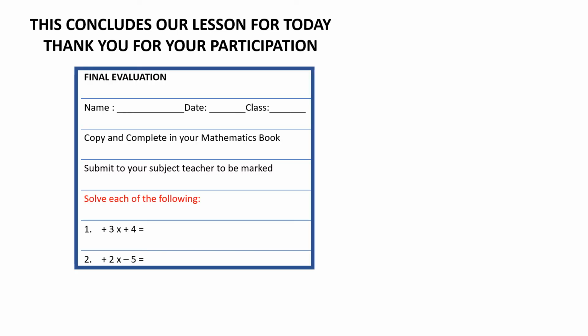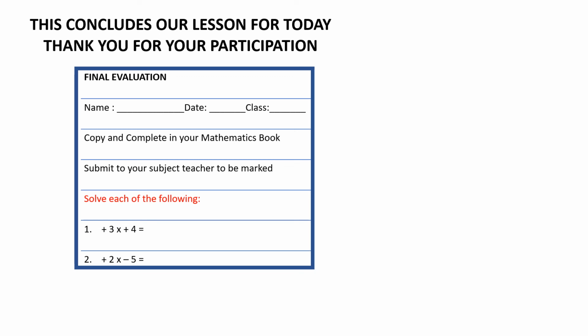I have one final evaluation. So this final evaluation is a little exercise I want you all to do. So if we were in the classroom sitting down together, before you leave the classroom, you would have to complete this exercise and submit it to me for me to mark it. So you write it on a piece of paper and submit it. But of course, we are online. So what you all will do is try this exercise, the final evaluation.